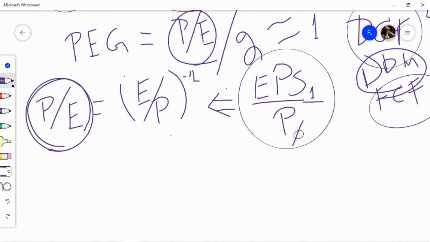But usually, the price earnings ratio is sort of an average number. They use average earnings per share and average price. So you cannot say that it's exactly the reciprocal of this.